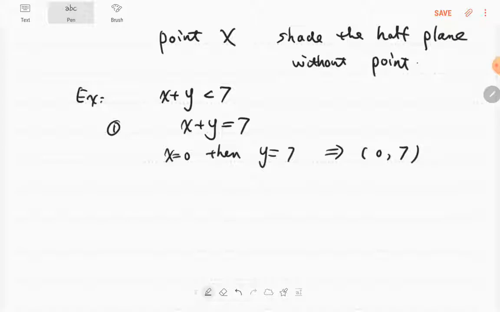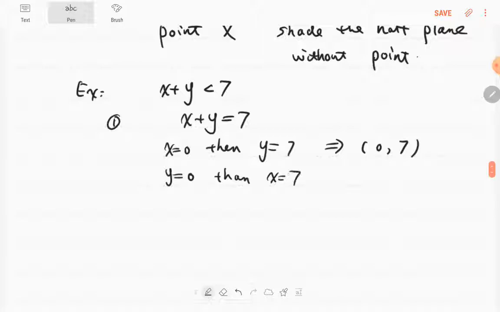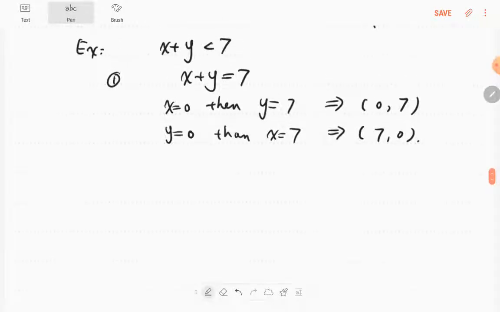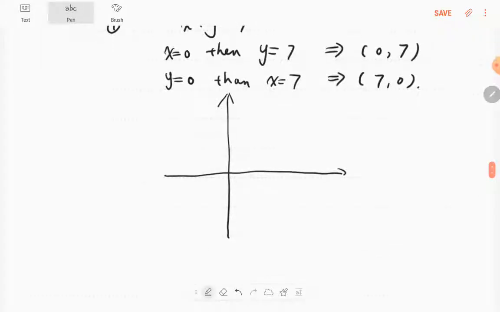Next, we set y to be 0, then x equal to 7. So this one is also our x-intercept, y equal to 0. So we could just use these to help us draw the boundary line.